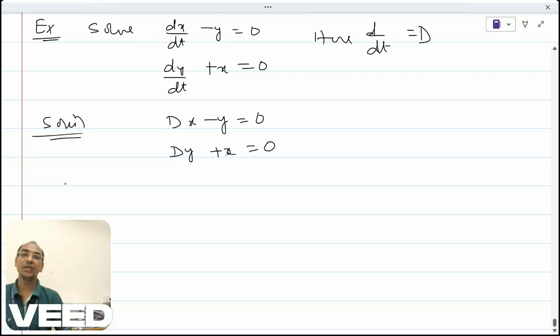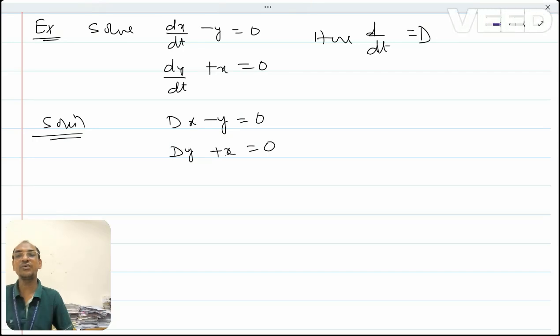As I told you, if you are getting a system of equations, first of all try to eliminate either x or y. Whatever you want to eliminate, you can eliminate; that is not a problem. Suppose you are eliminating y, then you construct the value of x. After getting the value of x, you can put it in either the first or second equation and get the y value.